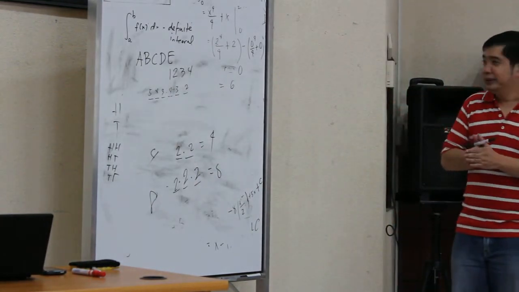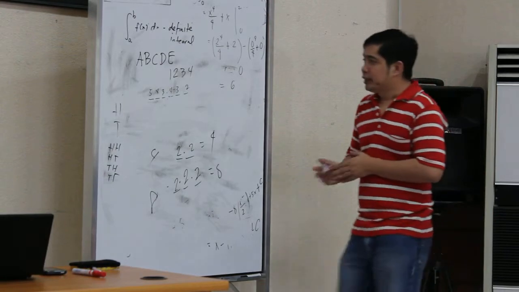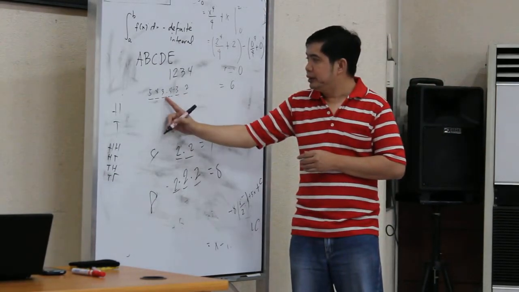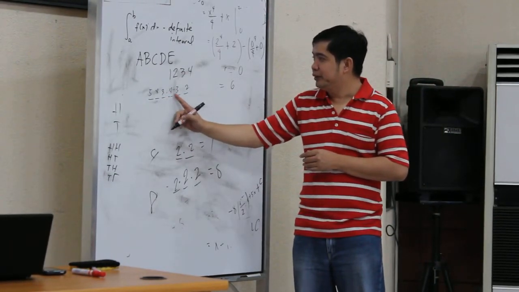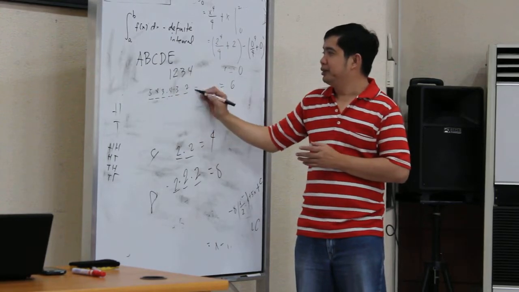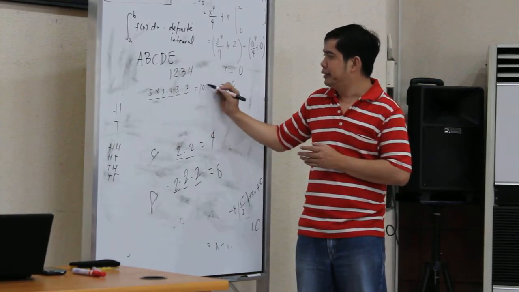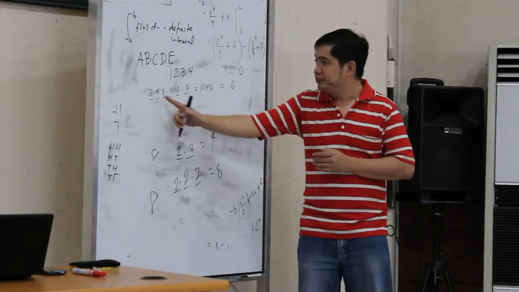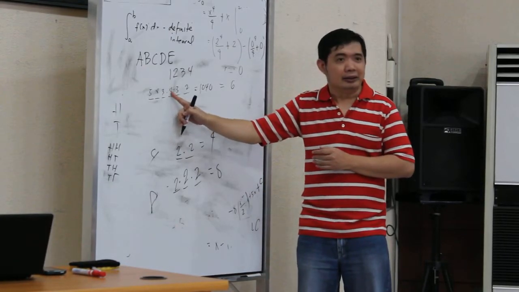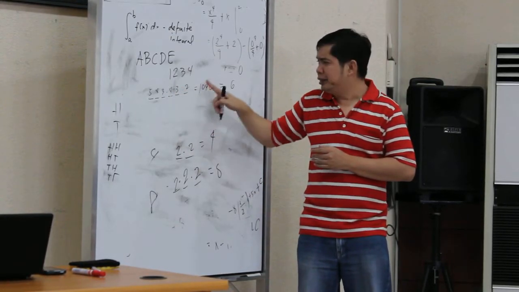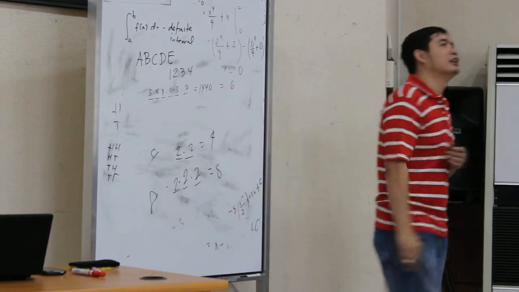So you multiply, right? 5 times 4 is 20, 20 times 3 is 60, times 4, 240, and so on. Sorry, 1,440.